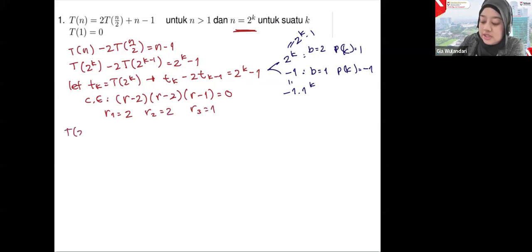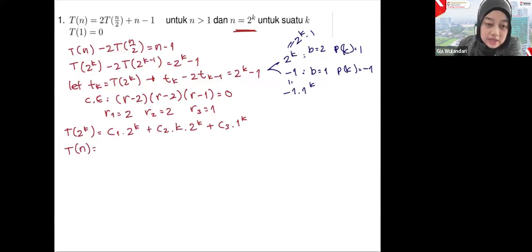So the solution for T2^k is equal to c1 times 2^k plus c2 times k times 2^k plus c3 times 1^k. If we take it back to Tn, it means we have C1n plus C2n log 2n plus C3.